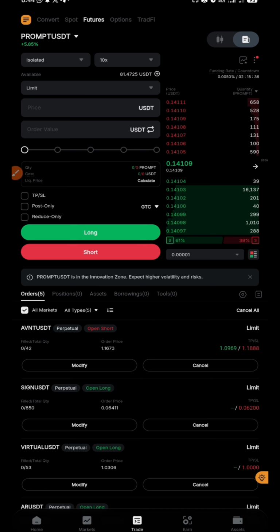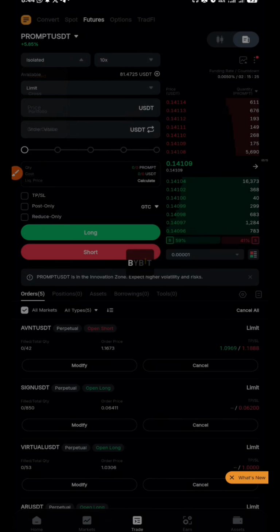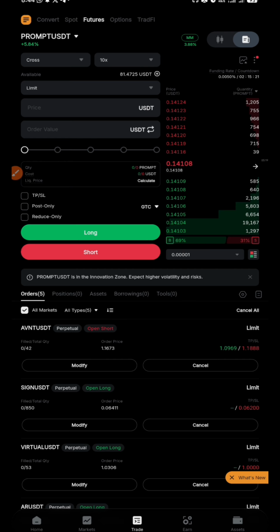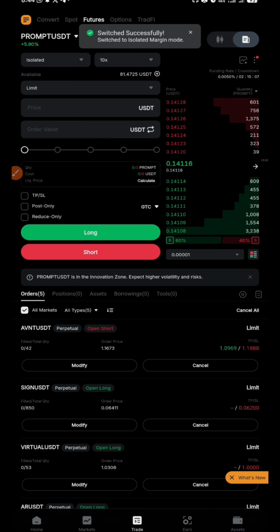Once you keep losing and lose up to $10, the system will take you out of the trade. That's the meaning. If you put it on cross, what you're telling the system is that if you have, for example, $100 in the account, it means you are trading with the whole $100. That is the meaning of cross margin. So I'm not making use of cross margin. I'm making use of isolated margin so I can be safe in the market.